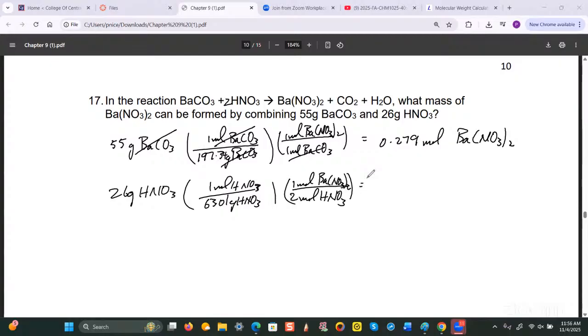26 divided by 63.01 divided by 2. And according to my calculation, this works out to be 0.206 moles of barium nitrate. So what's the next step?